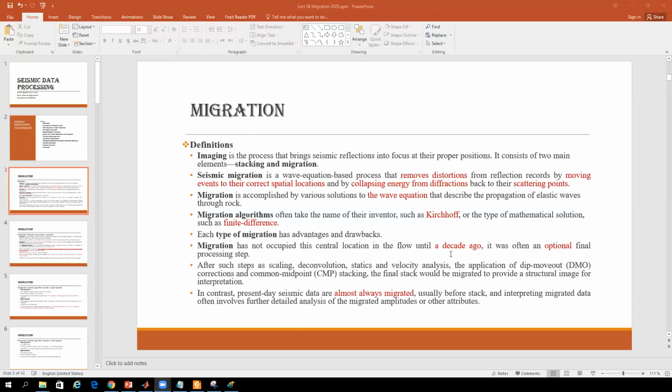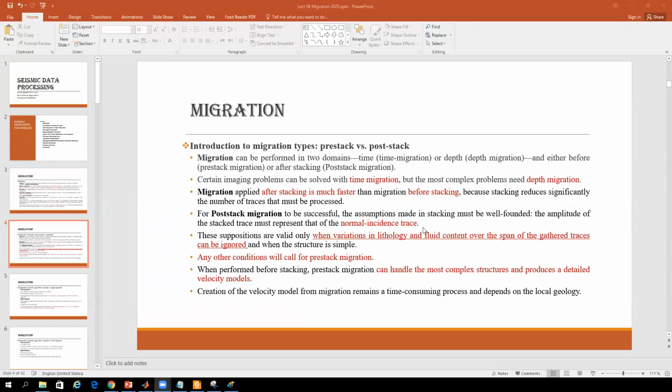In the imaging, we will try to correct the seismic events and put them into the correct locations, because we have learned that seismic does not give us the correct image of the earth, but a kind of distorted image of the earth which needs further corrections.